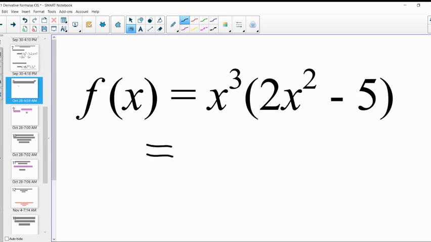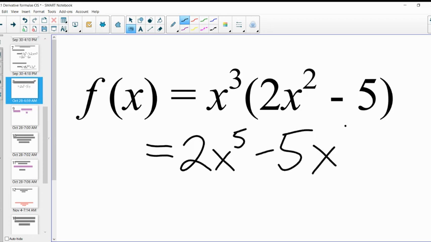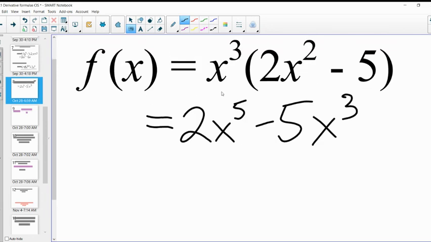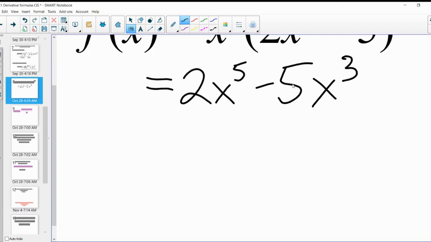So instead, I'm going to do what I do know is true, and that is I can rewrite this. I'm not taking the derivative yet. I'm just going to rewrite this as 2x to the 5th minus 5x cubed. I'm going to write it in a form that I know how to differentiate. I'm just distributing that x to the 3rd, just like you've been doing since Algebra 2. And so now this is what the function is.